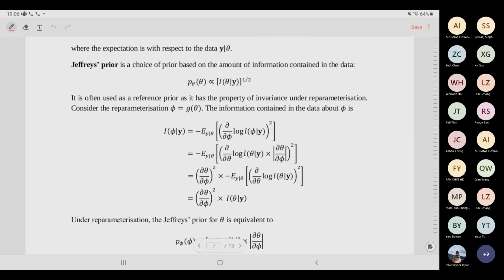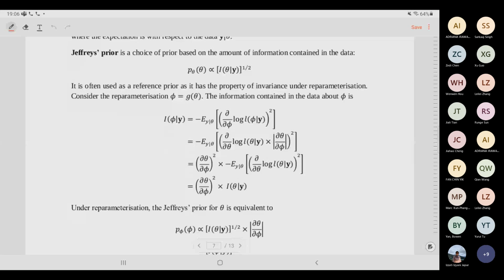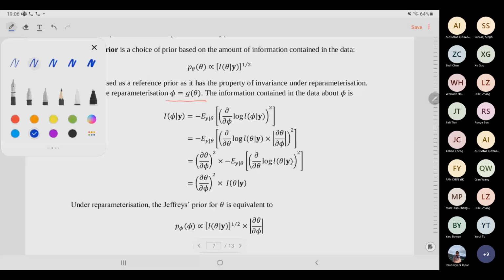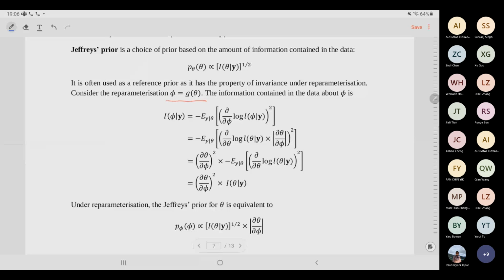This is what we mean by the property of invariance. So if you look over here, we have the Jeffreys prior for phi. First we have a transformation for phi. So originally we have a parameter theta, then phi is a transformation or function of theta.